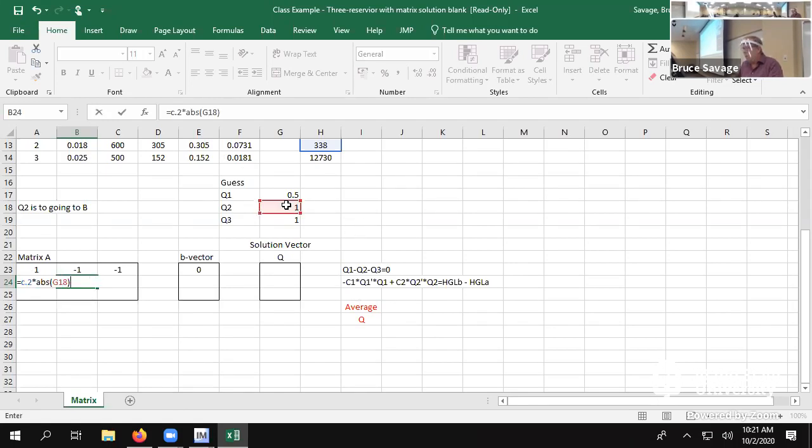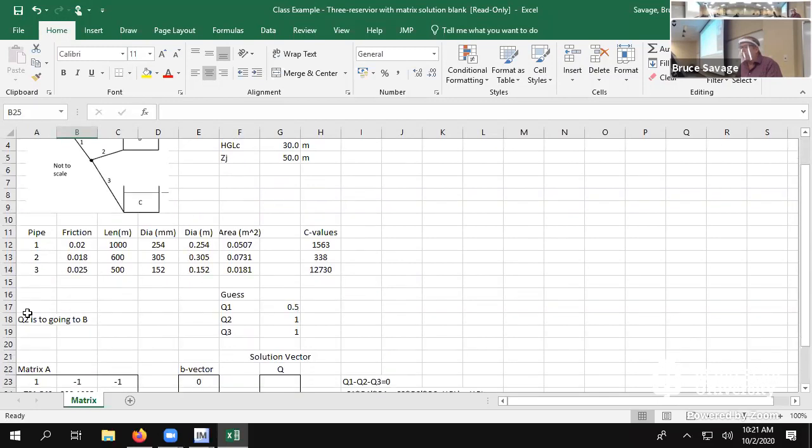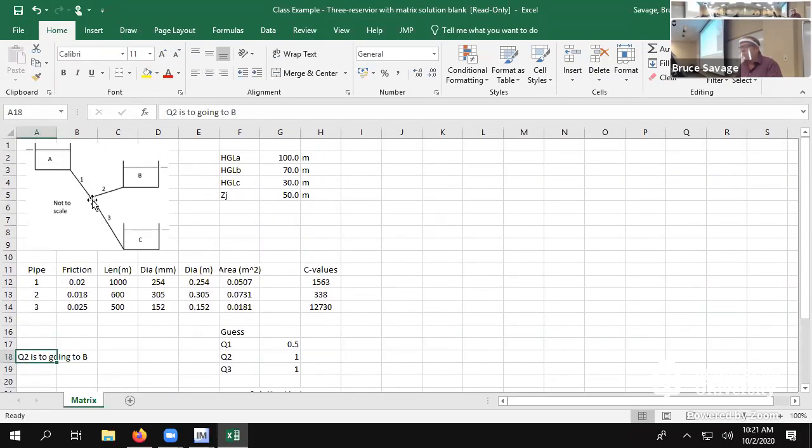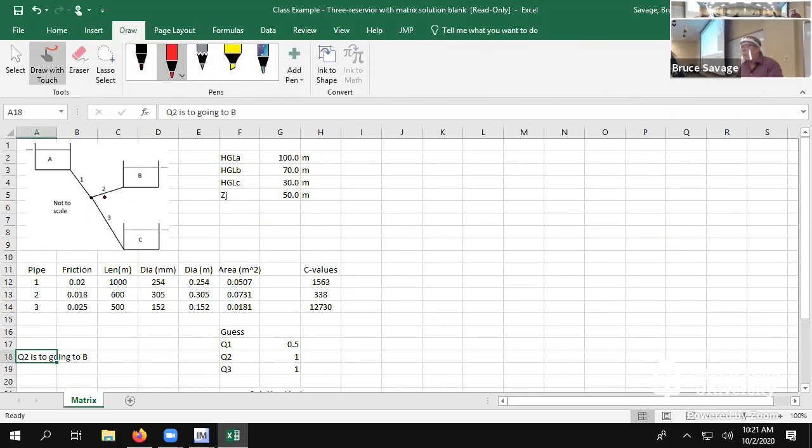Laura? So how come the C2 is positive now? Okay, so the C2 is positive because I assumed that Q2 is going to be, so up here, the direction of this is going this way. So that'd be like against. Oh, you're right.